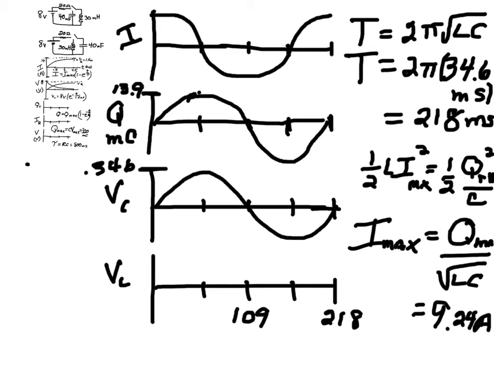And so if the voltage on the capacitor is a sine, the voltage across the inductor is going to be a negative sine. And it would look like this. And it would go back and forth between the same two values, the 0.346 volts. So there you have it, everything but the equations.